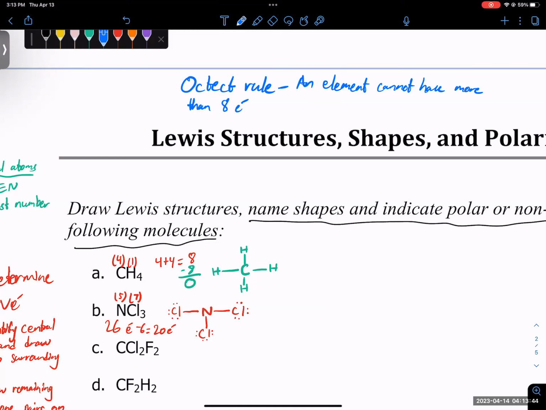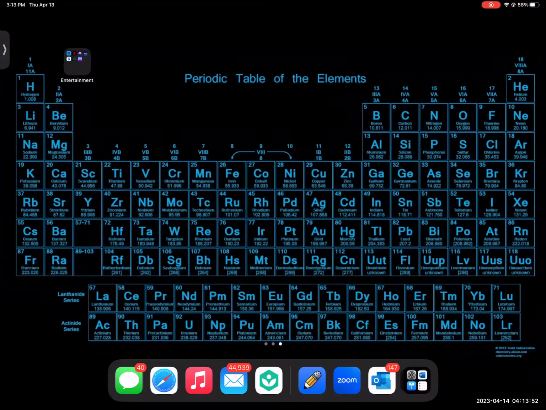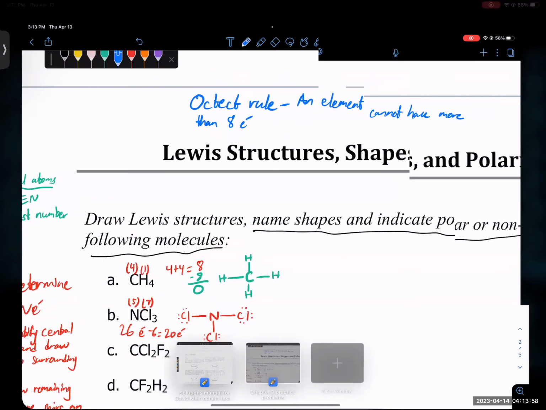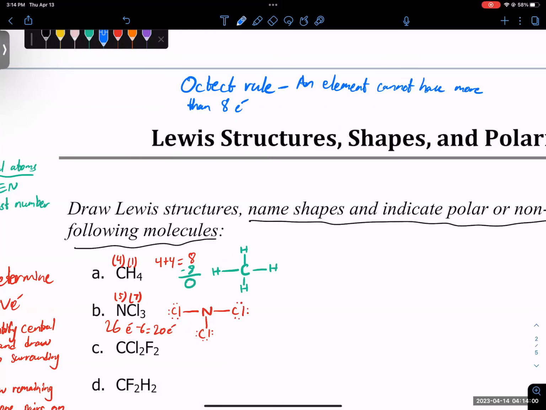Or you'll learn that there are some exceptions to that rule, but in general, if you look at the periodic table in the 2nd period and above, so anything generally before phosphorus, that's where you'll have an octet. So these elements cannot cross 8 electrons at all.